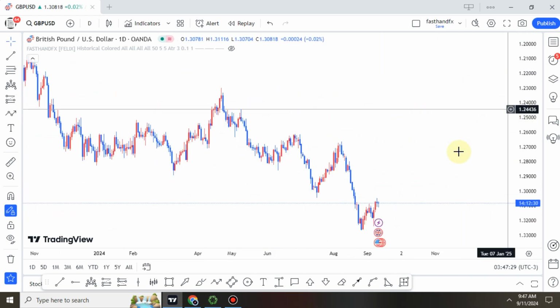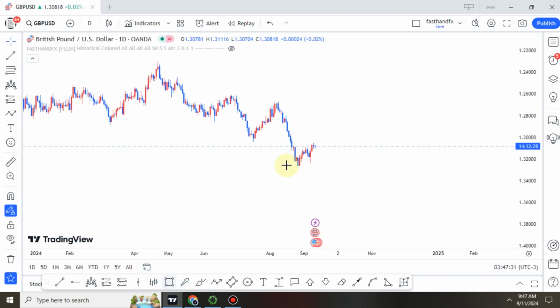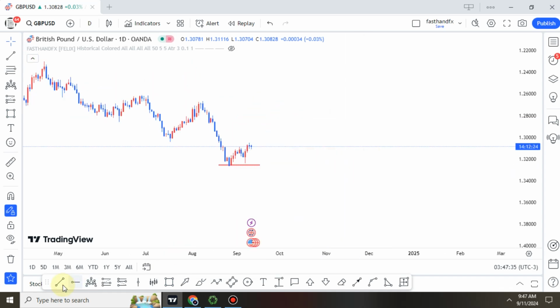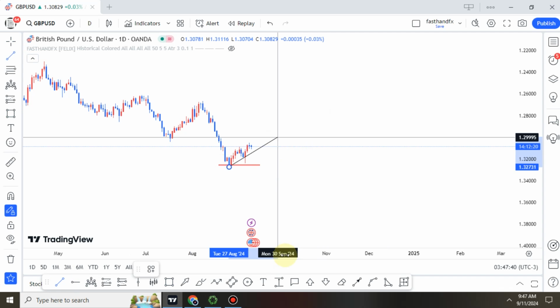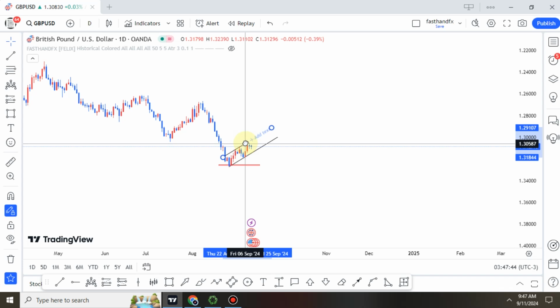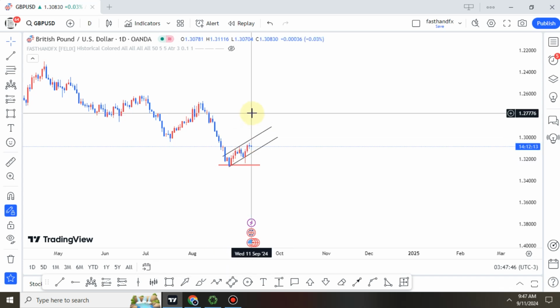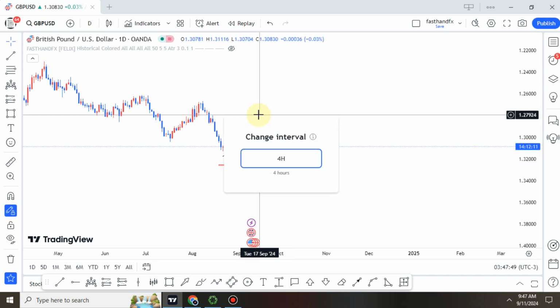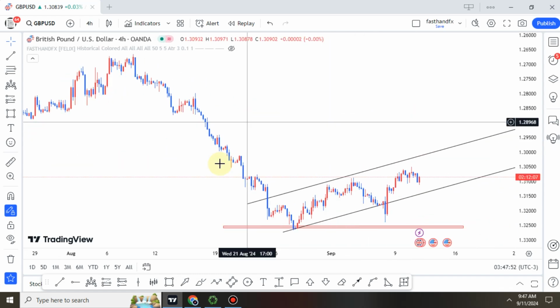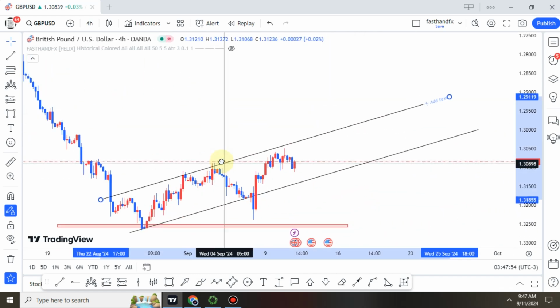What do you see? The last high was this level right there, and now what happened? We see price creating kind of a trend: 1 2 3, boom, clone that right here, take it to the H4. What do you see?